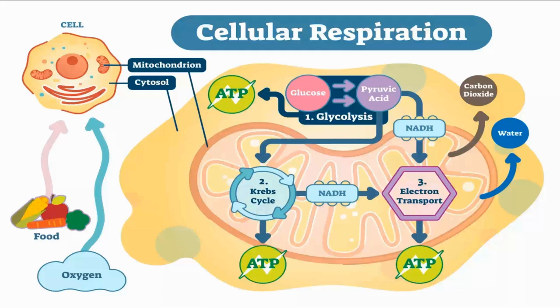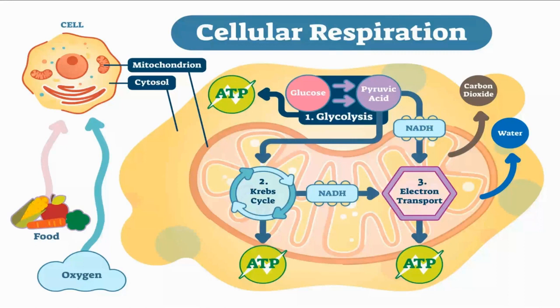This slide shows an image that's encapsulating everything we have talked about when it comes to cellular respiration. By now, we should know that cellular respiration involves taking food and oxygen and creating energy. We know that it starts with glycolysis, which is the breaking down of glucose to create pyruvic acid. And pyruvic acid is then converted into acetyl CoA that enters into the Krebs cycle.